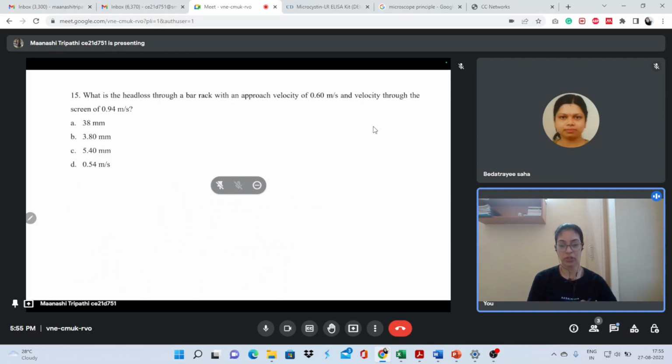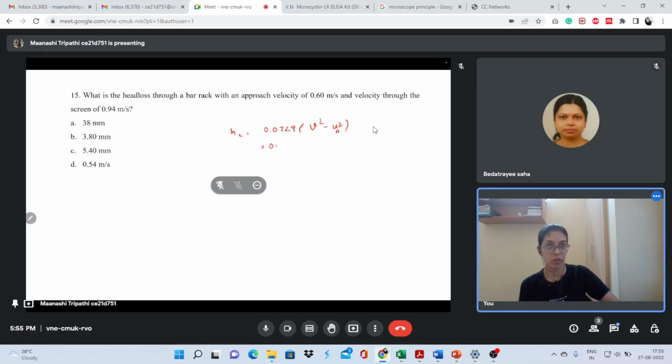Moving towards next question. What is the head loss through a bar rack with an approach velocity of 0.6 meter per second and velocity through the screen is 0.94 meter per second? How do we calculate head loss? I think it's 0.0729 (vb square minus va square). Approach velocity is va.